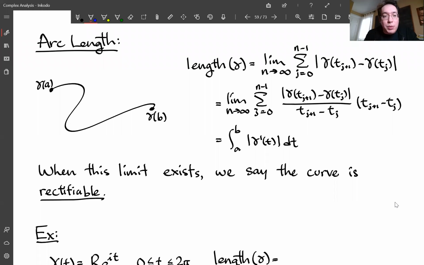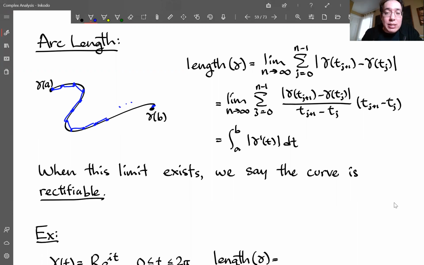Okay, we'll start by looking at the arc length of the path itself. So let's say gamma is any smooth curve. We can compute its length by estimating the curve by lots of intermediate points, and then measuring the straight line distance between the intermediate points, and then finally adding them up.